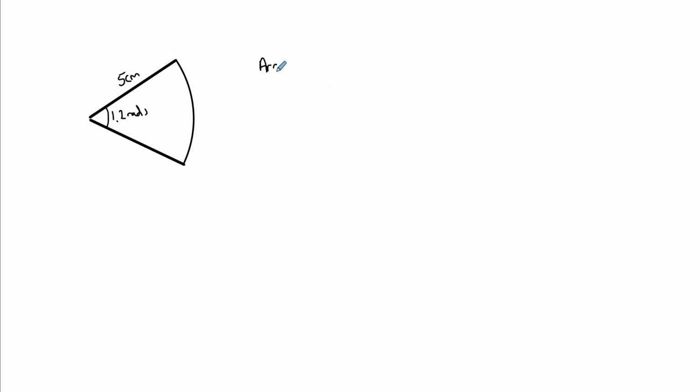What's the arc length? Well, the arc length equation is just r theta. So we just need to times 5 by 1.2, which is 6 centimeters. Look how easy and quick it is to find the arc length if we're working in radians. It's much quicker than turning it back into degrees. Area of the sector is a half r squared theta.